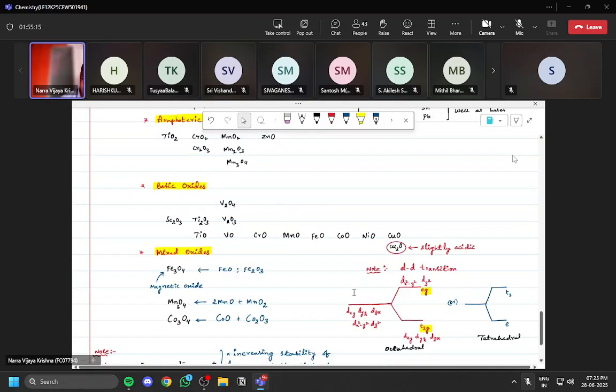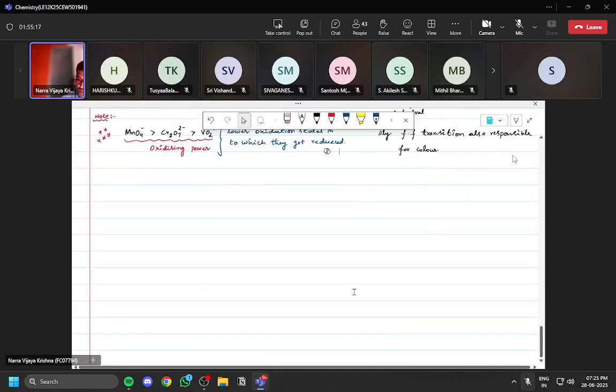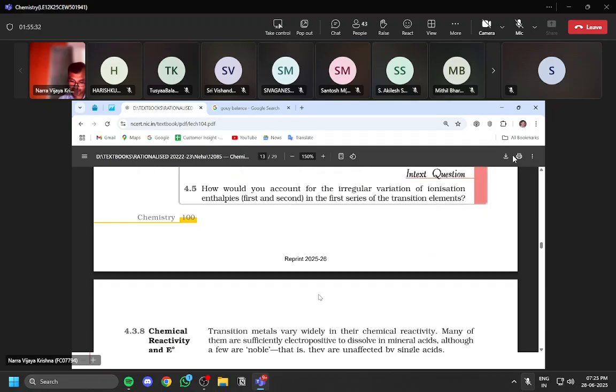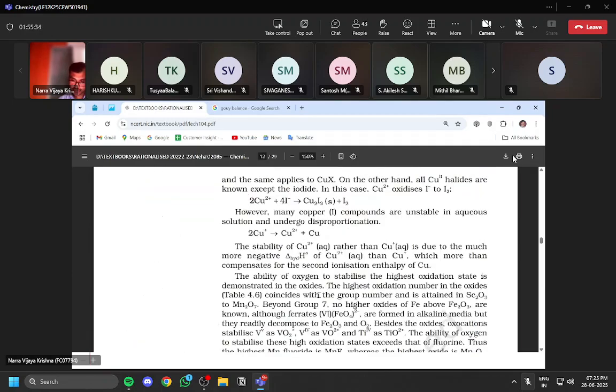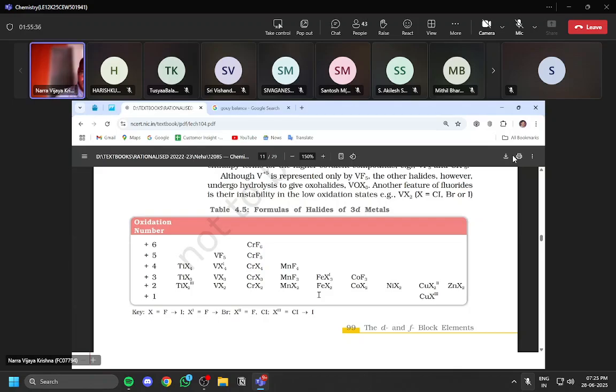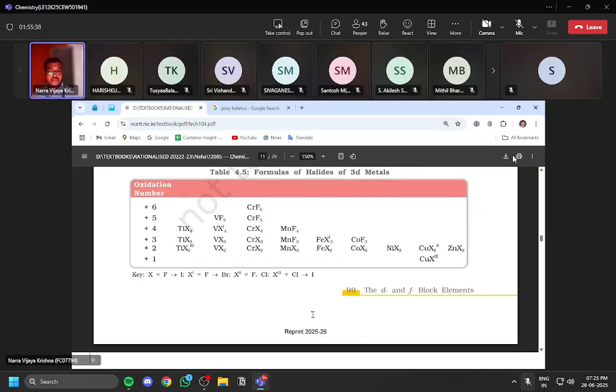This is regarding oxides, no, regarding halides. In NCERT, they gave one table. Observe the table carefully. Regarding halides. Observe this table. I am copying this table as it is.